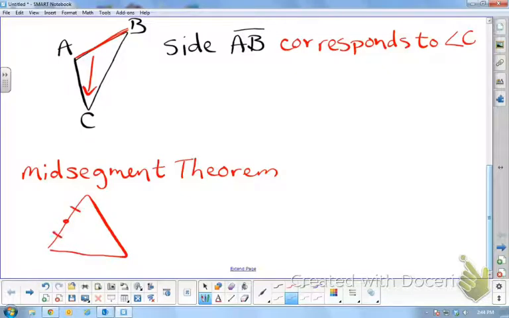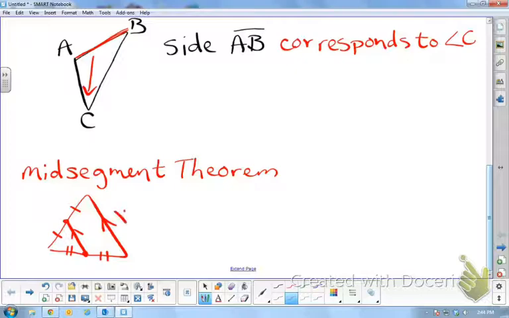A mid-segment is made by connecting midpoints. If I put a midpoint in the middle of the sides, and I connect those lines, then we know two things. If I used a mid-segment, then those two lines are parallel. Also, we know the inside is half as big as the outside.